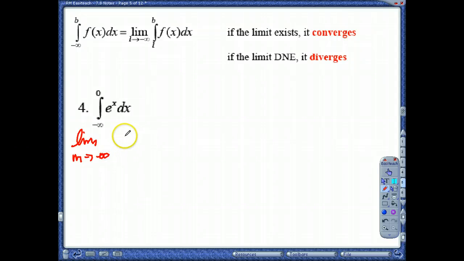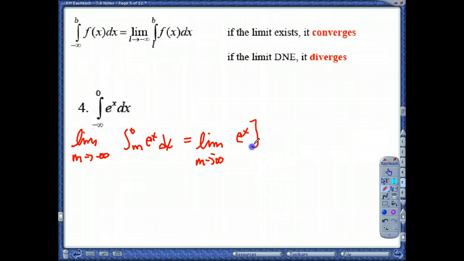As we approach negative infinity, you're just going to put that m in there. And then you're going to integrate, just like you did before. So the integral of e to the x is e to the x. We're going to put 0 in first and then the m. Remember your first fundamental theorem of calculus.